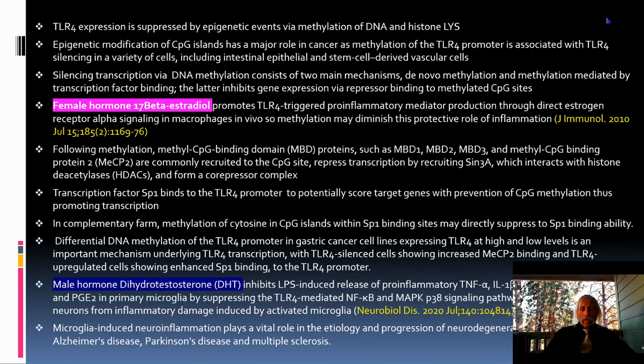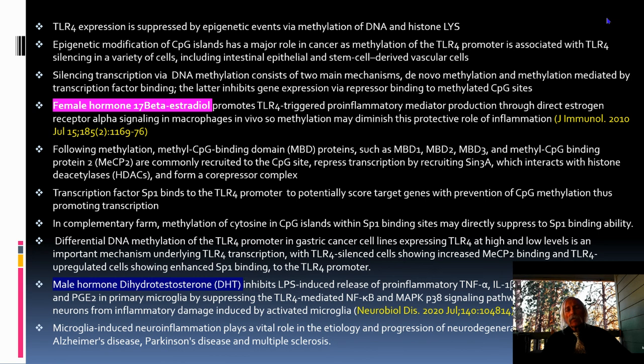So in complementary form, sorry, I misspelled there, methylation of cytosine in CpG islands within the SP1 binding site may directly suppress SP1 binding ability, thus shutting the entire system down epigenetically. Okay.